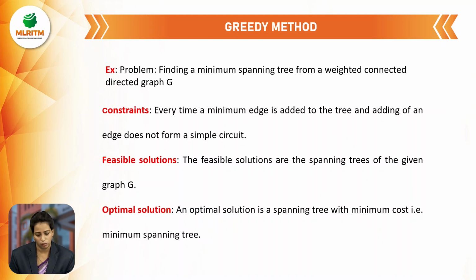So feasible solutions are the spanning trees for the given graph. Optimal solution means the spanning tree with minimum cost among all the spanning trees.